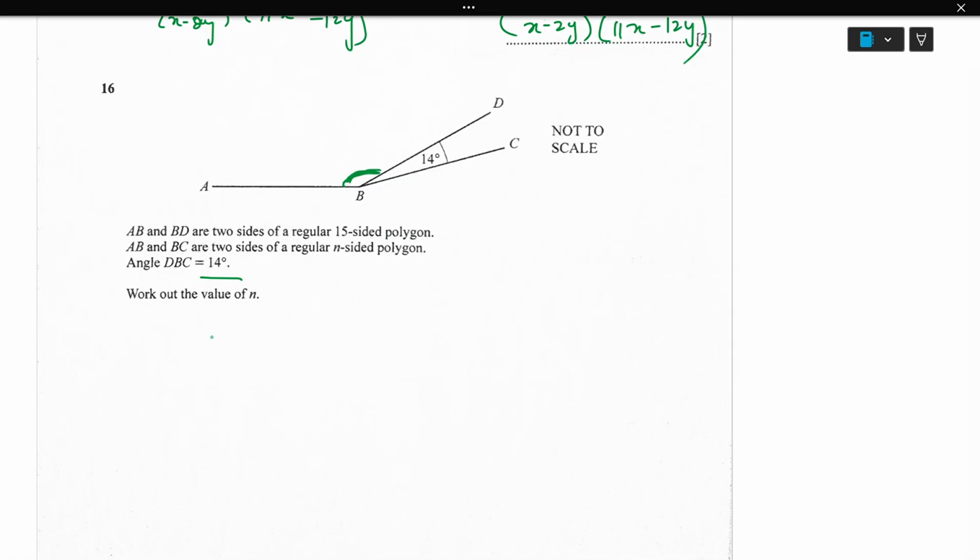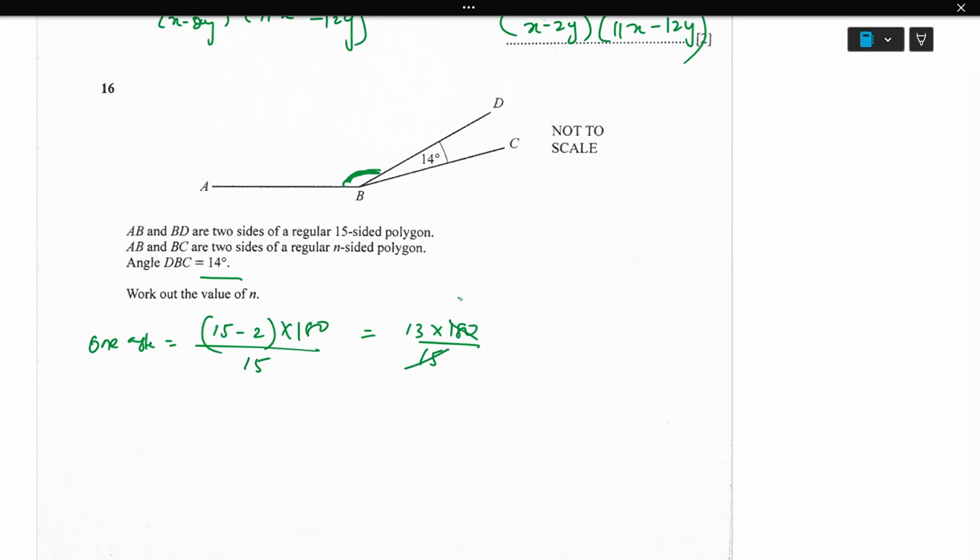So we'll find one angle: 15 minus 2 times 180 over 15, so 13 times 180 over 15.